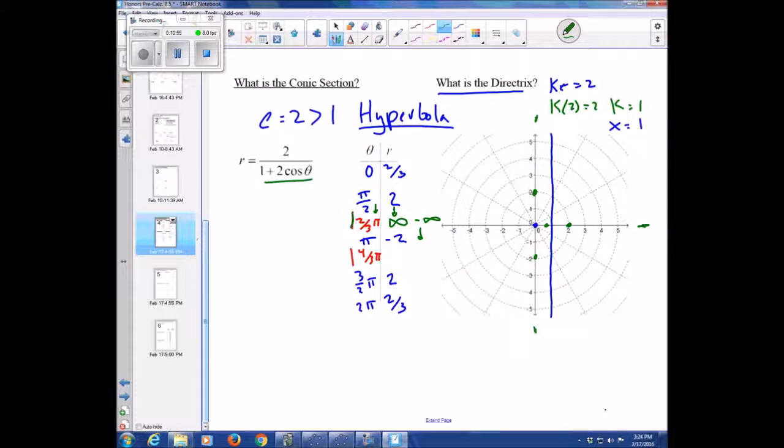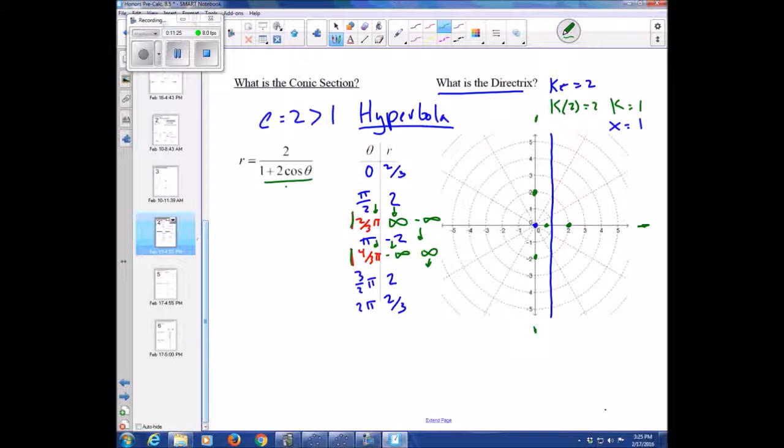For our 4/3 pi, the negative values getting smaller and smaller in the denominator give us larger and larger negative r values. So as we approach 4/3 pi, we're going to be approaching negative infinity there. And as we go past 4/3 pi, we're going to be dealing with small positive numbers in the denominator, so we're going to be coming from positive infinity with our r values.